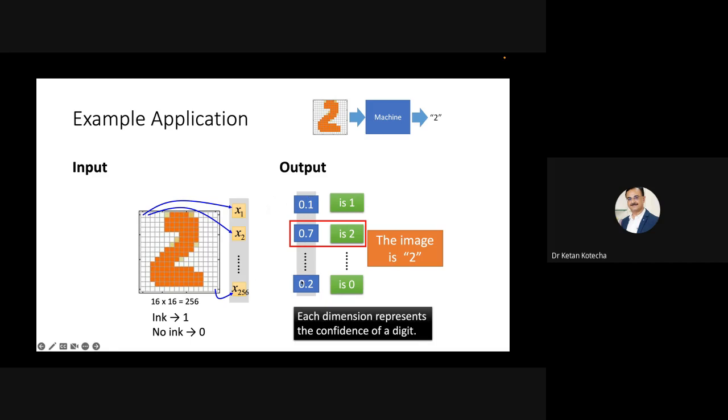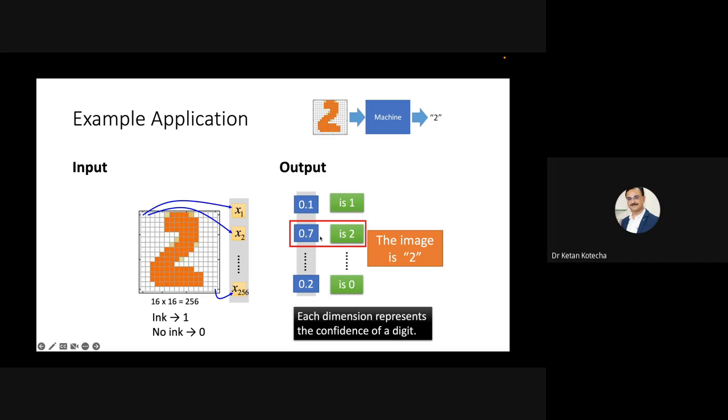What is that output? Softmax. So the output sum total is 1: 0.1 plus 0.7 plus 0.2. My expected output, because it is a 2, should be 1 here, and here the output should be 0, and everything else should be 0. Because this particular picture corresponds to 2, the second output should be highest, remaining ideally 0.